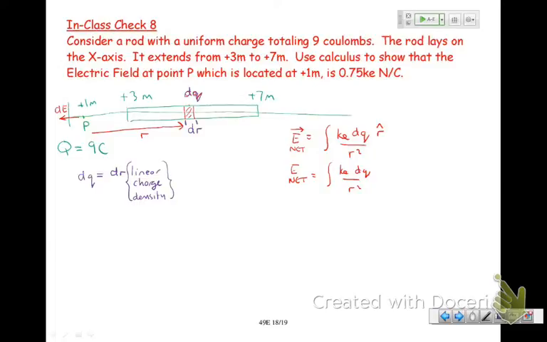Yep. I know it's 9 coulombs, I know it's a certain length, and I know it's uniform. It says it's uniform. So my dq is equal to dr times my linear charge density, well, it's how much charge I have. How much charge is there on this rod? You give me a letter, don't give me a number.